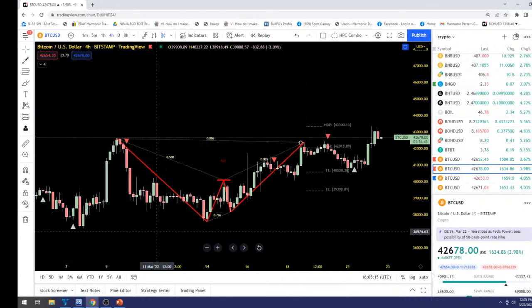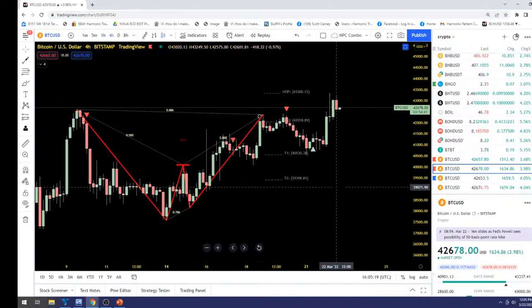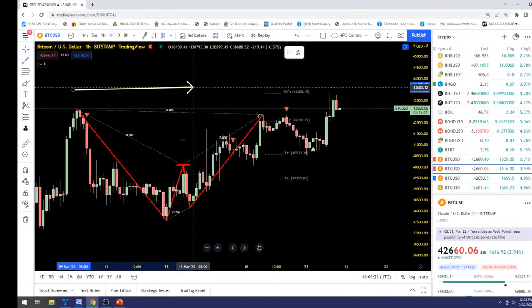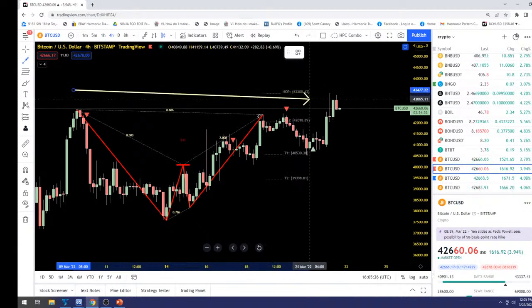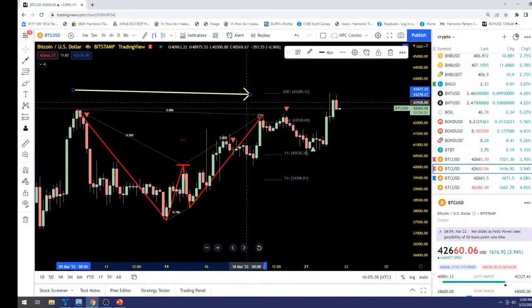I want to focus more on the fact that it's a type 2 bat pattern going back the last 3 weeks. I think this is the only consideration I really want to focus on for right now with Bitcoin, because we know that this zone and this range has been getting squeezed.